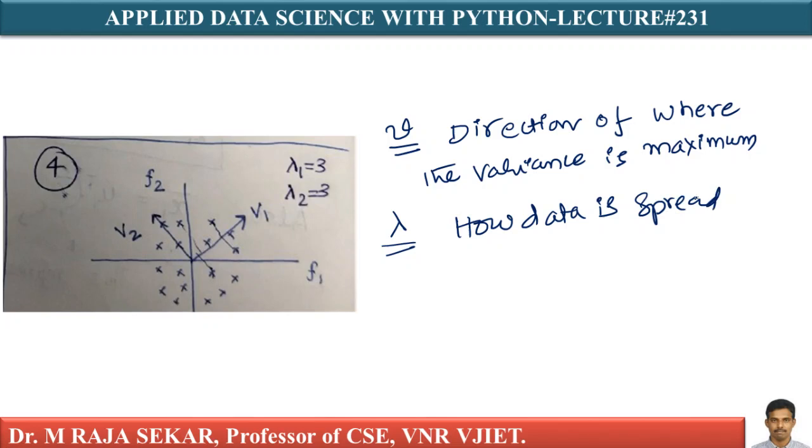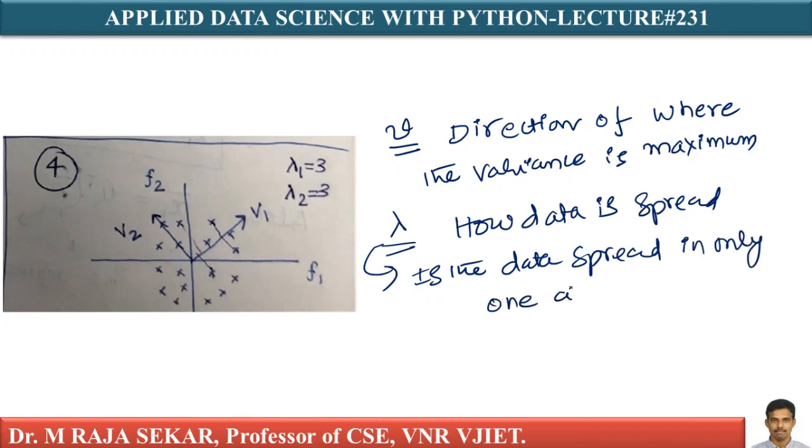Is the data spread in only one axis, or is it spread in another axis also? I will repeat: your eigenvalues tell how the data is spread. Is the data spread only in one axis, or is it also spread on another axis?